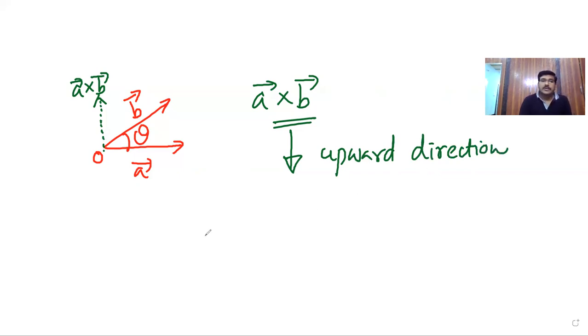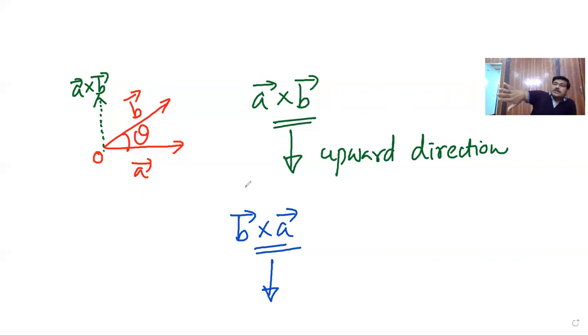Clear? Now let us say that I want B bar cross A bar. I need the direction. Magnitude anyhow you will know. Place your right hand at the origin because you need B bar cross A bar.